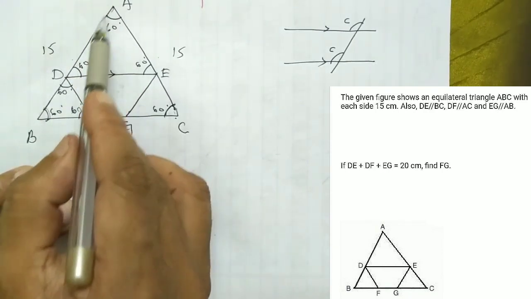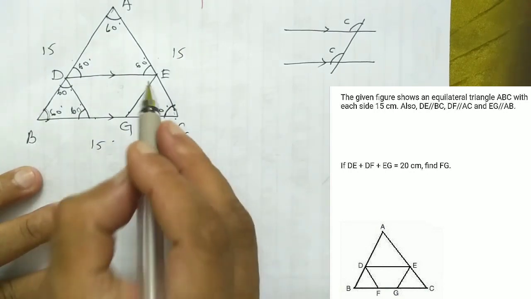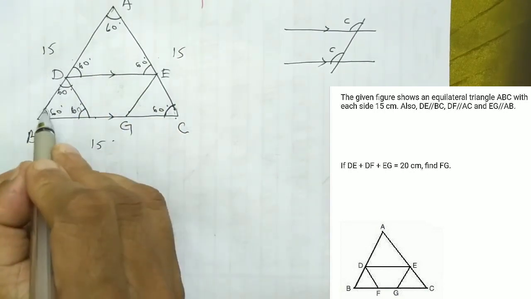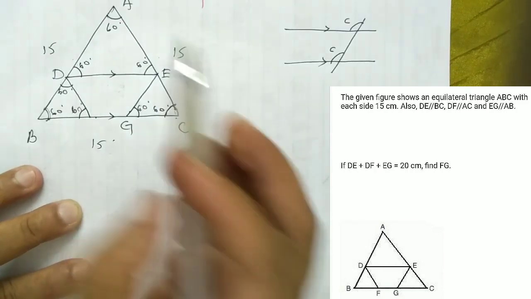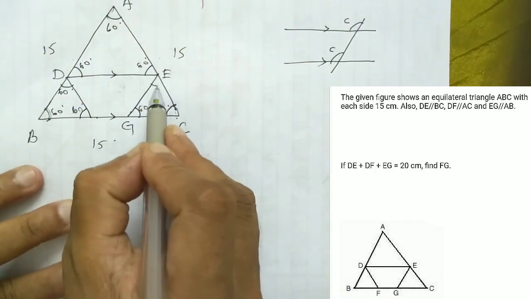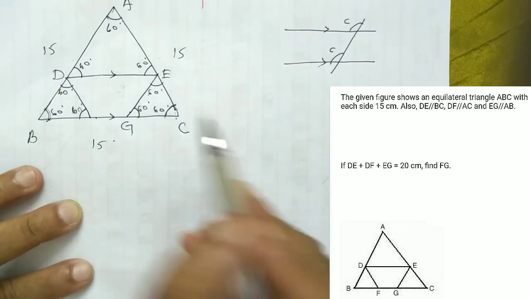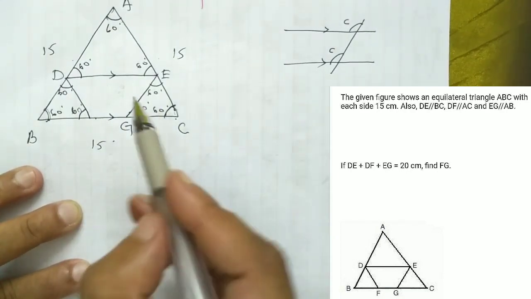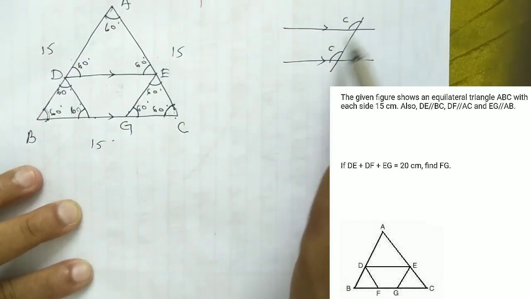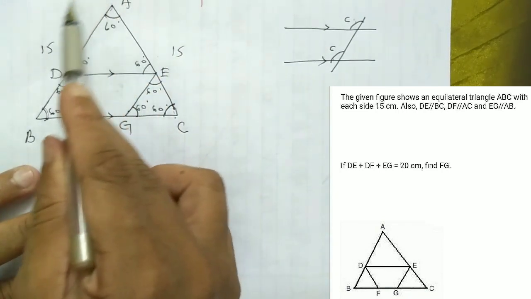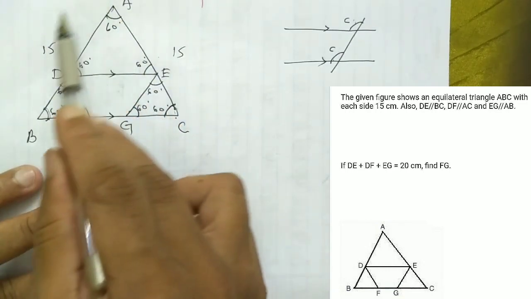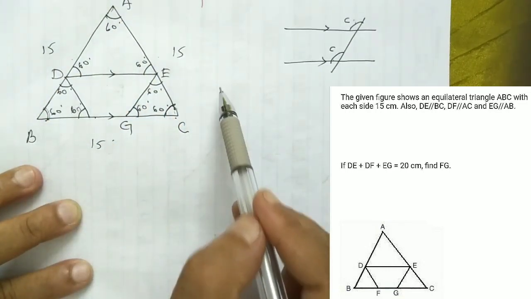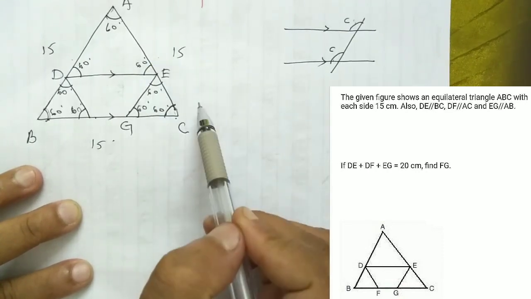EG is parallel to AB. That means this angle and this angle are equal, and this angle and this angle are equal. 60, 60, 60, all. Why? According to this property, corresponding angles. So whatever I discussed here, you have to write all the things in the exam paper. Okay, here I am not showing it, but you must show it.